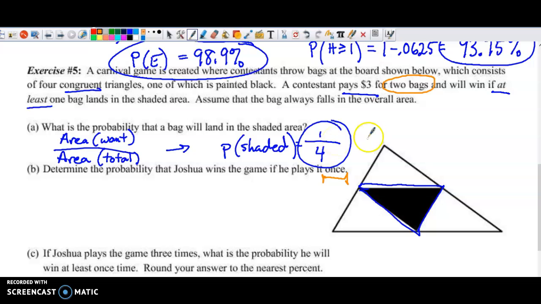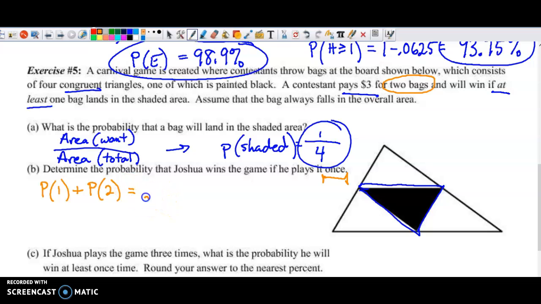If you're confused, like in the homework or on the test, feel free to come to me and ask the question. But what they're trying to say is you win the game if at least 1 lands on the board. So that would be the probability of the first one or the second one being on the board.